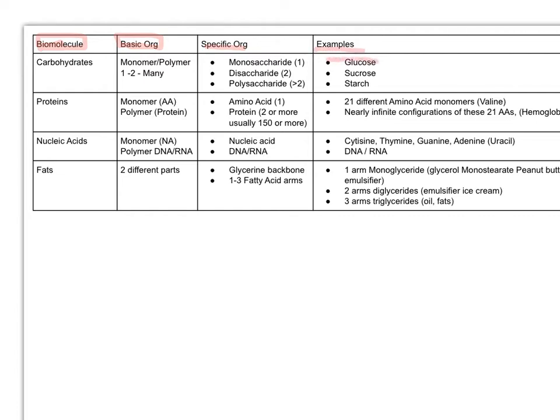We've already talked about glucose. For carbohydrates, you go from monomer to polymer, and then the specific organization is monosaccharide, disaccharide, polysaccharide. So that is if you have one sugar, 2 sugars, more than 2 sugars.